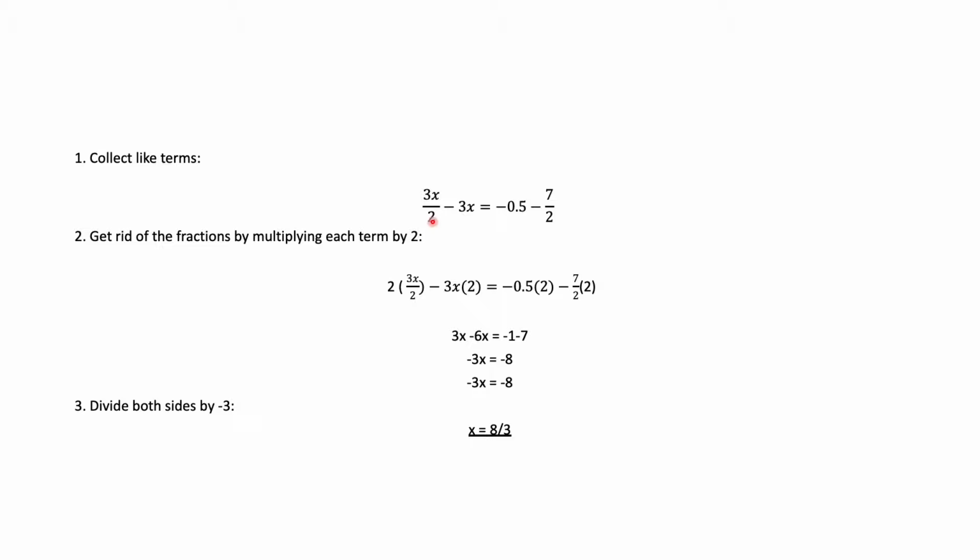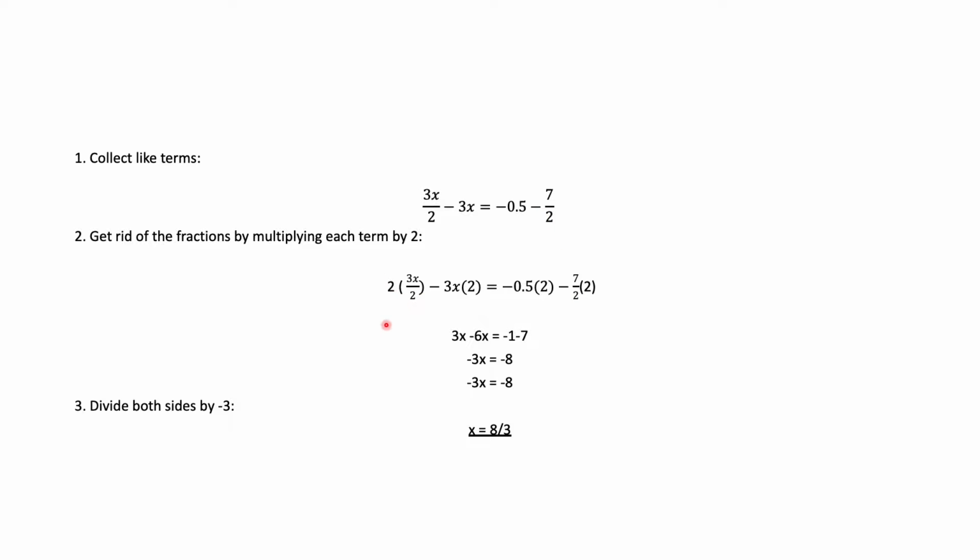If you realize 2 is in the denominator, if we multiply each term by 2, we're going to get rid of the 2. So 3x over 2 multiplied by 2 minus 3x multiplied by 2 equals negative a half multiplied by 2 minus 7 over 2 multiplied by 2.